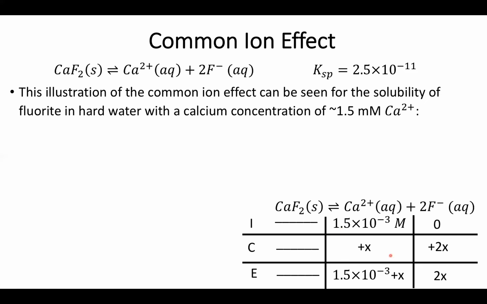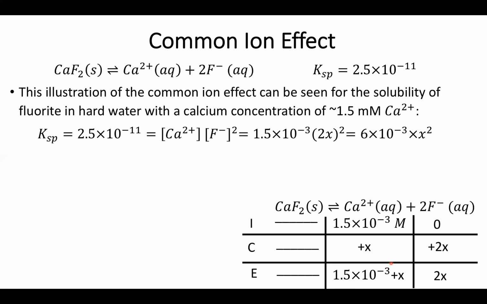As a result, we should be able to neglect our x here when we're calculating our Ksp. So we're going to just treat the concentration of calcium as being relatively fixed at 1.5 millimolar. In truth, there will be generation of slightly more calcium, but the level should be so low that this number won't really change. We'll double check that in a bit.